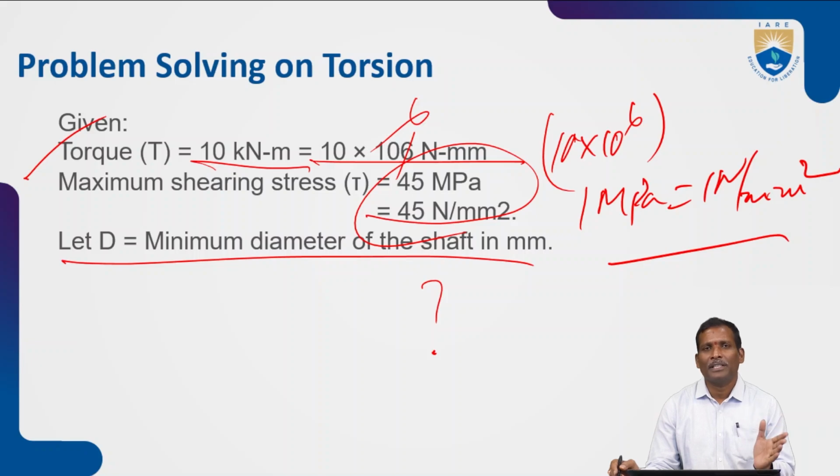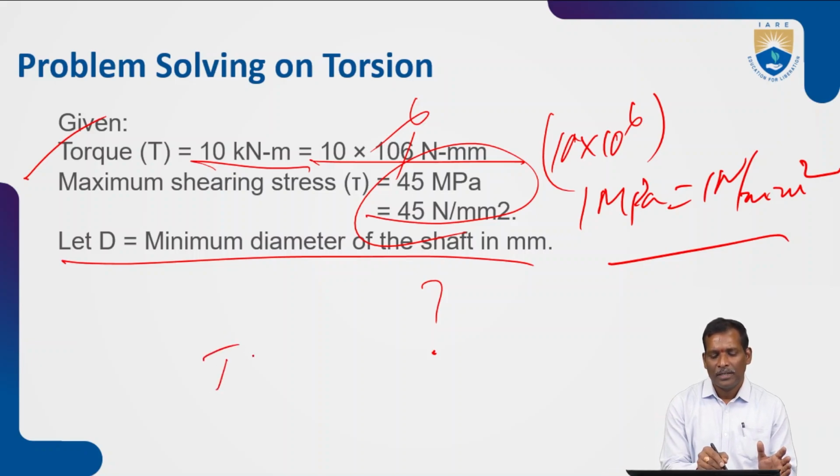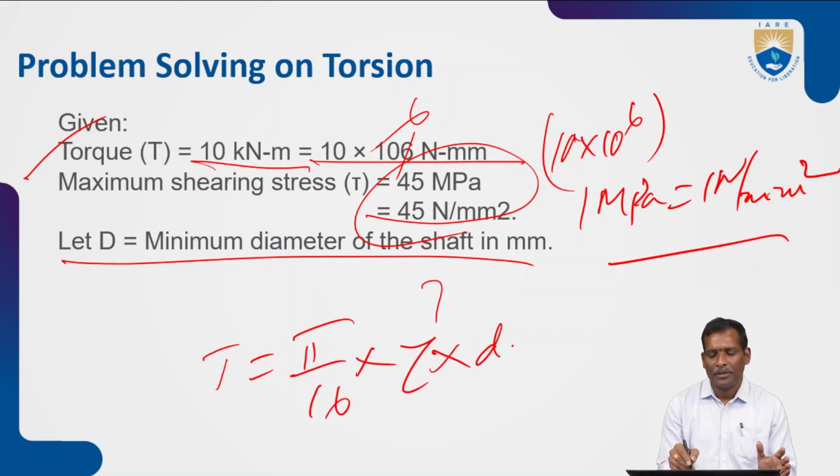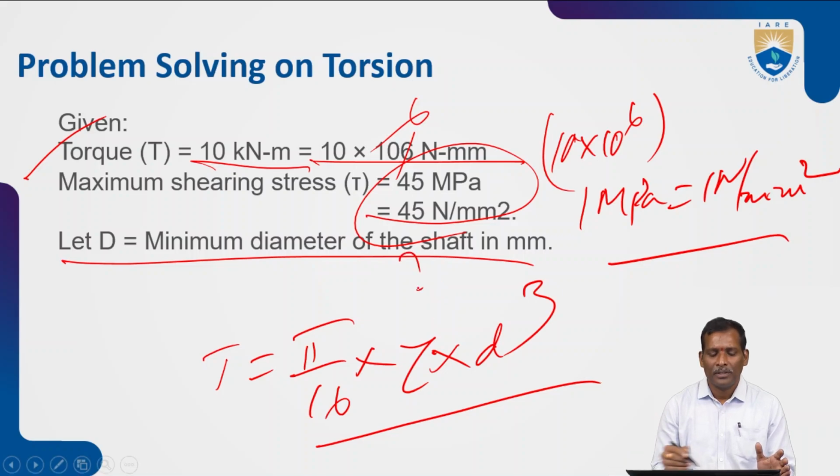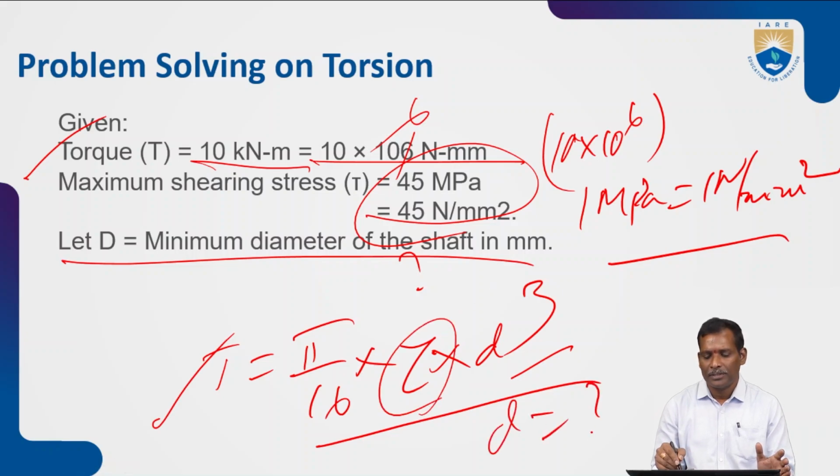So what is the equation? The torsion equation. Already you know T is equal to pi by 16 tau into d cubed. In this torsion equation you know the torque and the shear stress, and the diameter you don't know, so find D by using this equation.